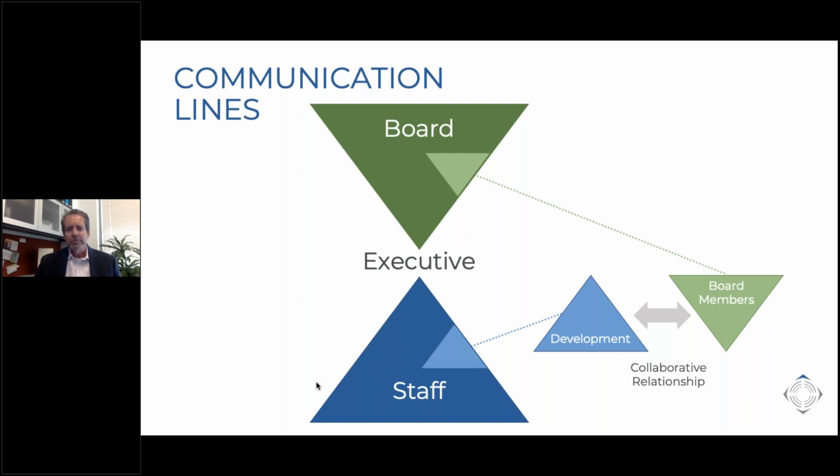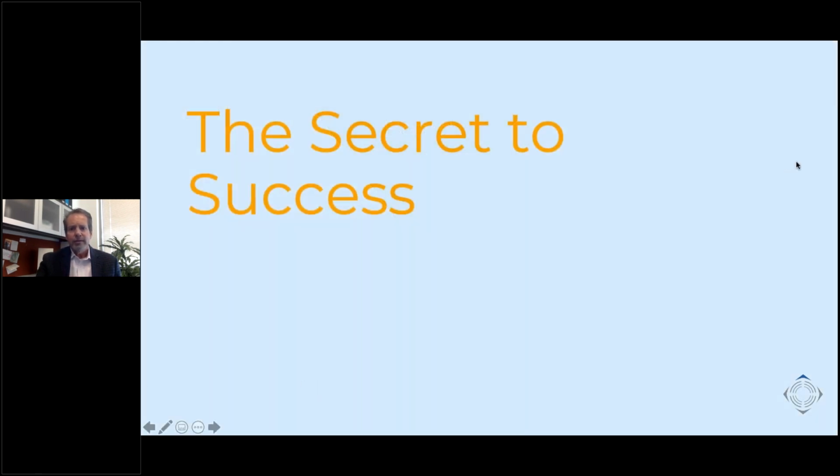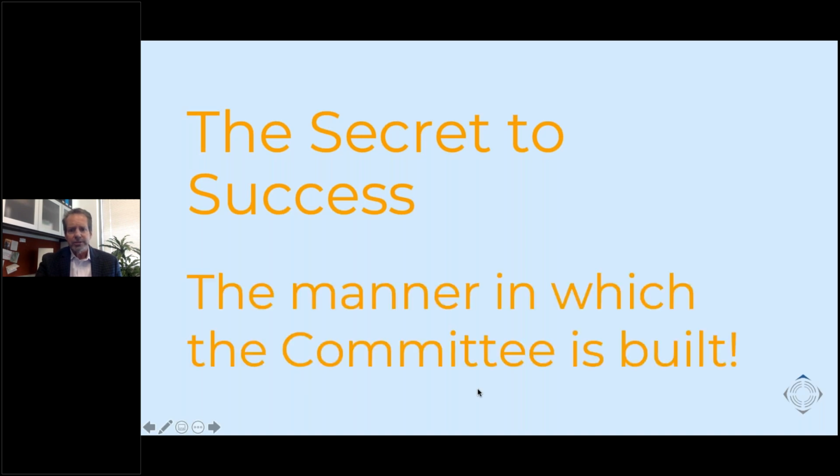We need them to be visible in terms of, number one, giving their personal resources, but also leading by example in terms of opening their networks and representing that impassioned volunteer as you continue to interact and communicate with your support base. The real secret to doing this successfully is the manner in which you build a development committee.